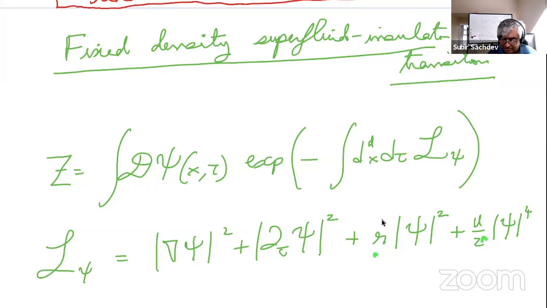And then this is the Landau-Ginzburg type polynomial. So amazingly, in any dimension, for bosons near the superfluid insulator transition on a lattice with integer filling, when you're going from a Mott insulator to a superfluid, you have emergent relativistic symmetry, and a relativistic field theory describing all the quantum fluctuations.